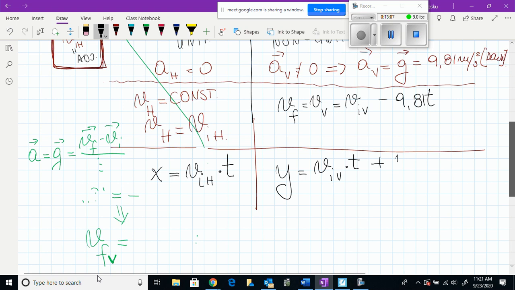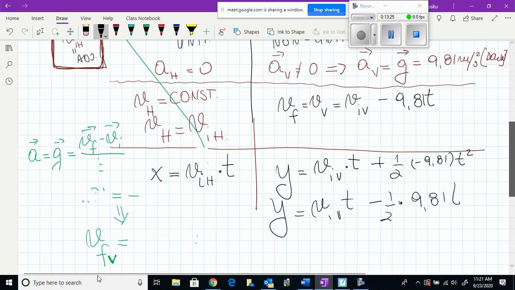Since a is g, which is negative 9.81, y will be v_iv times t minus 1 over 2 times 9.81 t squared.